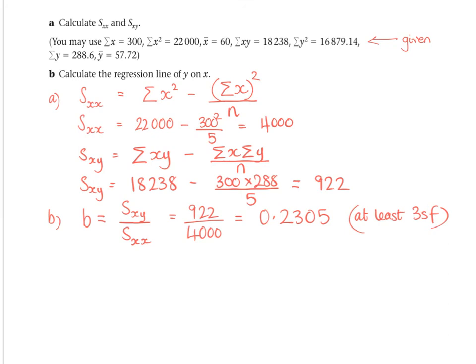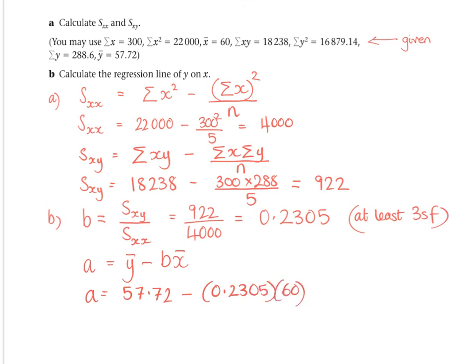So what we do is we put a equals y bar minus b x bar, and they've been given to us as well, or we can calculate them. So we have a is equal to 57.72 minus 0.2305 times 60.